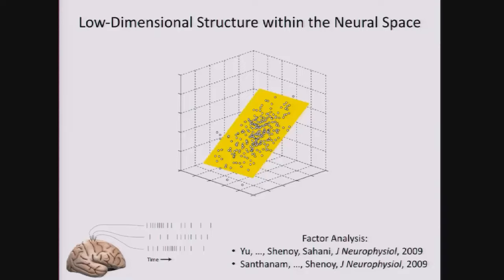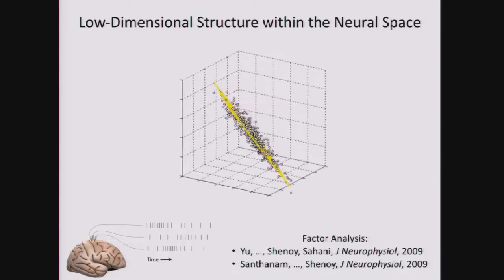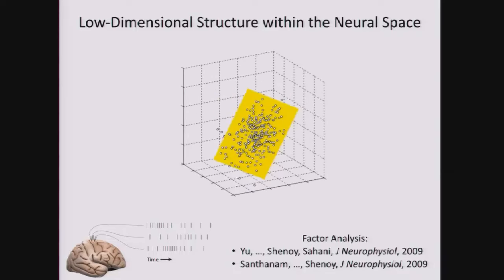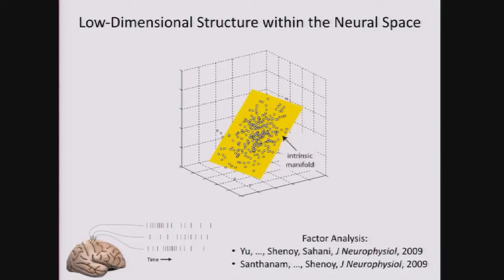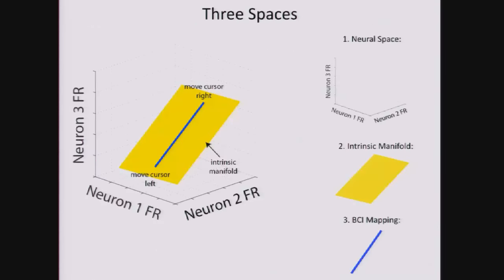Okay, so now there are three spaces. There's the natural neural space where you record the data. There's this intrinsic manifold, which in our hands is a 10-dimensional subspace that accounts for most of the neural data the animal exhibits. And then there's a B mapping, which I'm drawing as a line, but in reality, it's a 2-dimensional space that is somewhere within this 10-dimensional native space until we rotate it.